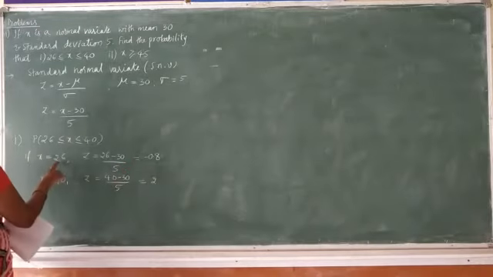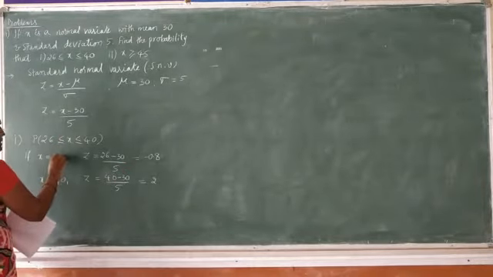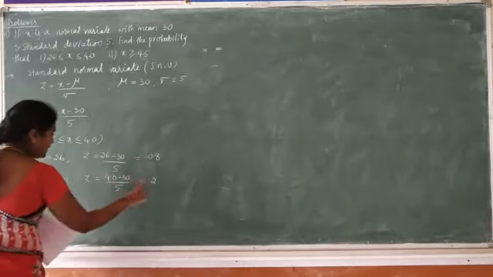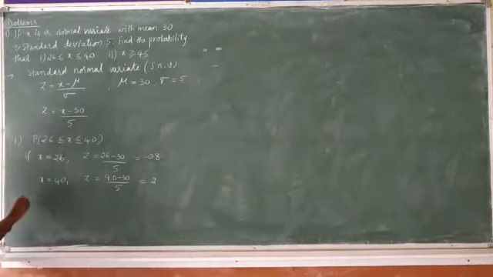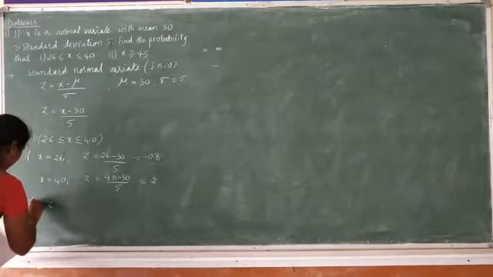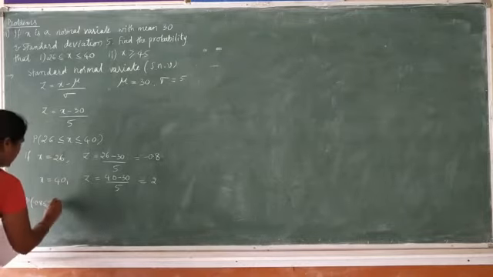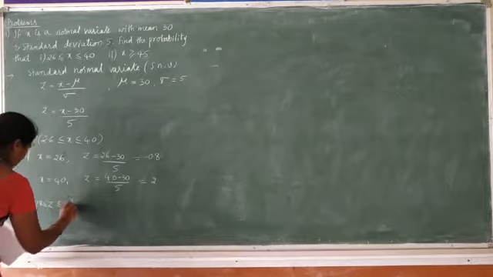That means if x equals 26, z equals minus 0.8, and if x equals 40, z equals 2. Then we need to find the probability that z lies between minus 0.8 and 2.